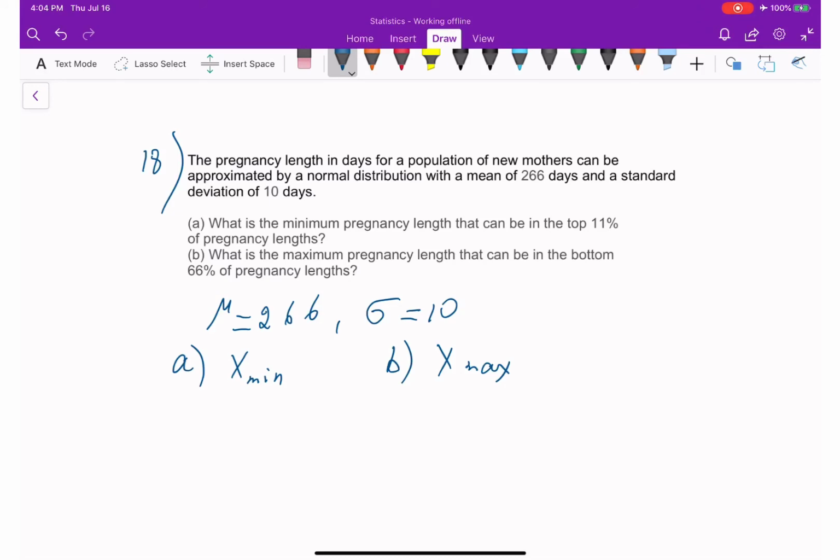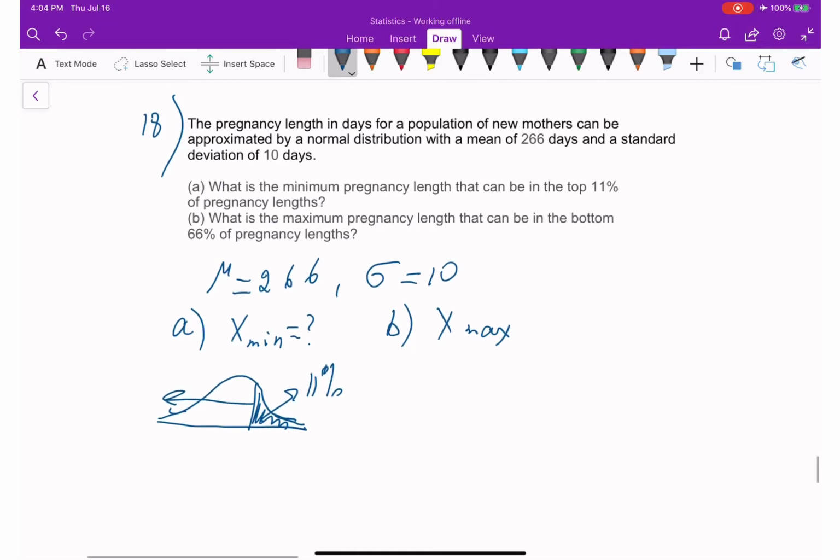For A, we are given top 11%. Top 11% meaning this is your 11%. Okay, so to find this area, we are going to do 11, which is equal 0.11, right?